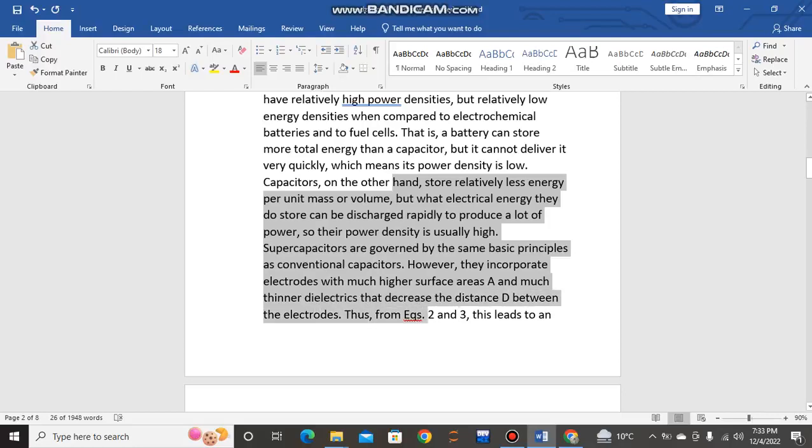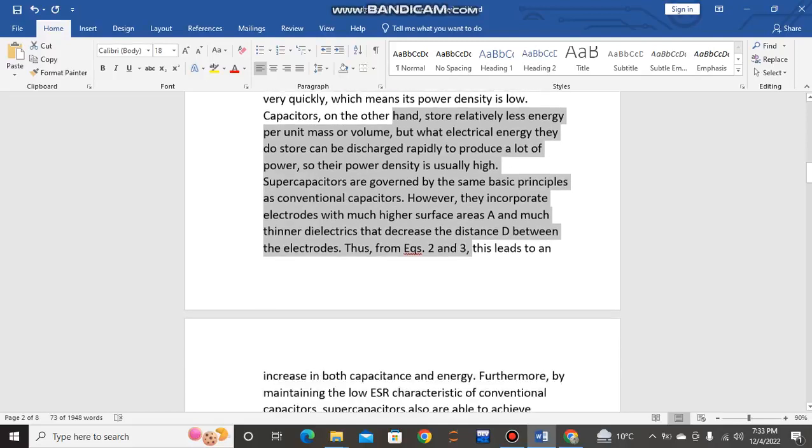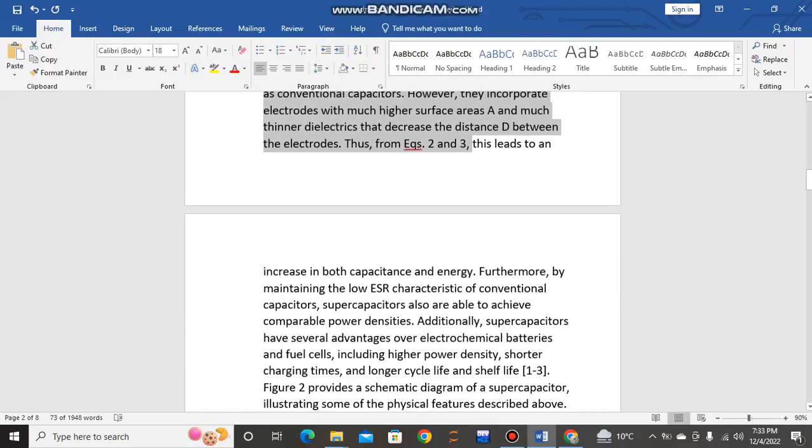Thus, from equations 2 and 3, this leads to an increase in both capacitance and energy, and furthermore, by maintaining the low ESR characteristics of conventional capacitors, supercapacitors are able to achieve comparable power densities. Additionally, supercapacitors have several advantages over the electrochemical batteries and fuel cells, including higher power density, shorter charging time, and longer cycle life and shelf life.